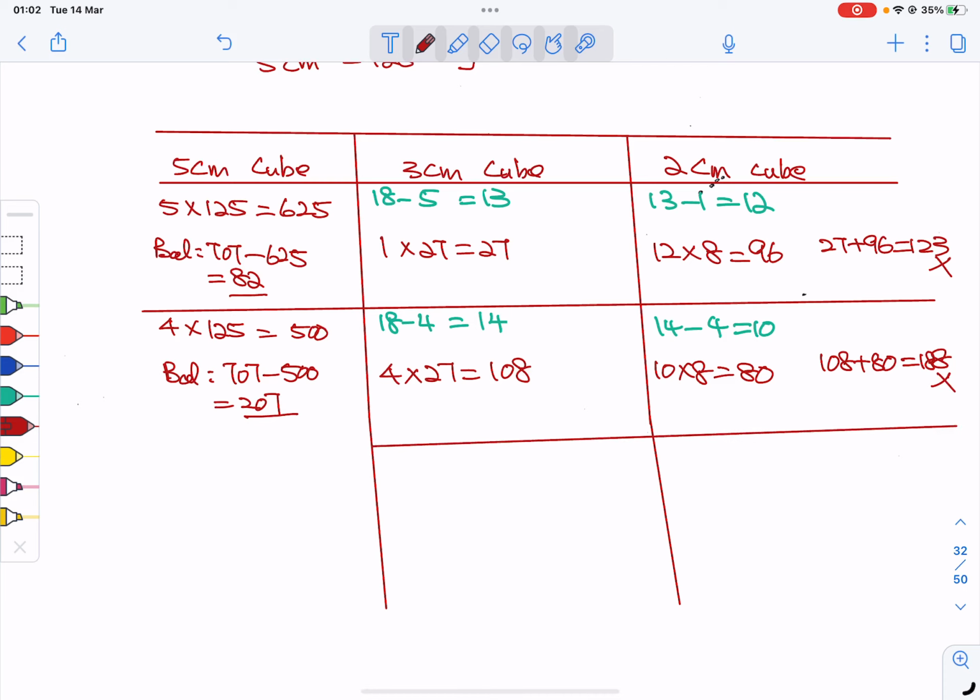So assuming I'm taking the same 4 pieces of the 5 cm cube, so 18 minus 4, 14 pieces. Now I increase because this one is too low.